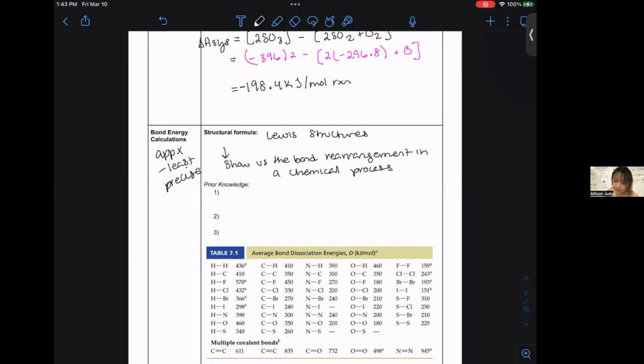So you already know, prior knowledge, that when we break bonds, it's an input of energy. And when we make bonds, it's a release.